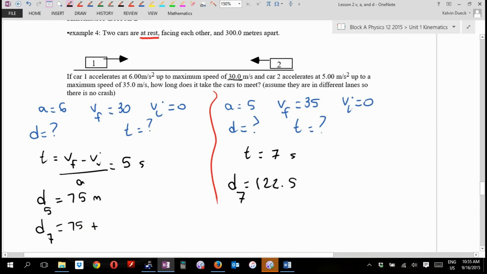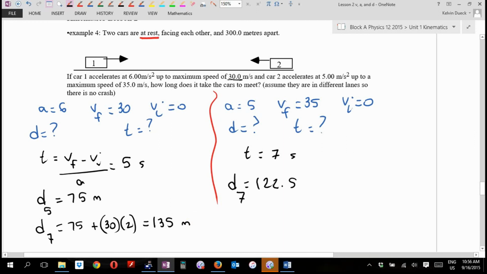What's the constant speed? 30. How many seconds? 2. What's 75 plus 30 times 2? This is good. 135.